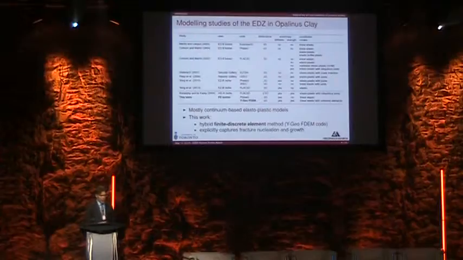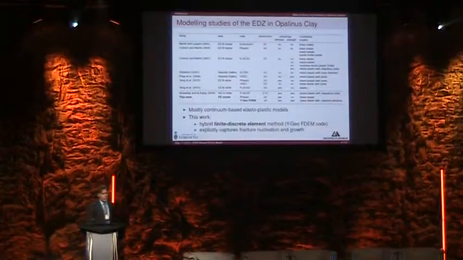Just a bit of background on previous modeling studies before my work. Essentially, they were mostly continuum-based elastoplastic models, starting with the work in the early 2000s of Professor Martin and Dr. Lanyon, and then other models by Corkum and Martin. As such, these models couldn't really capture the brittle fracture process of rock.